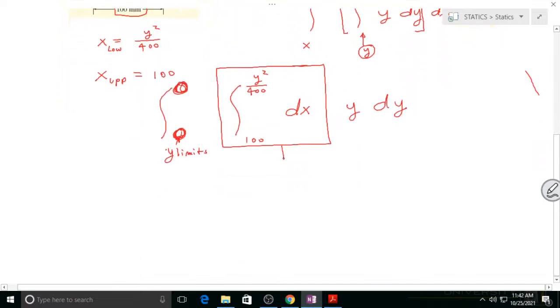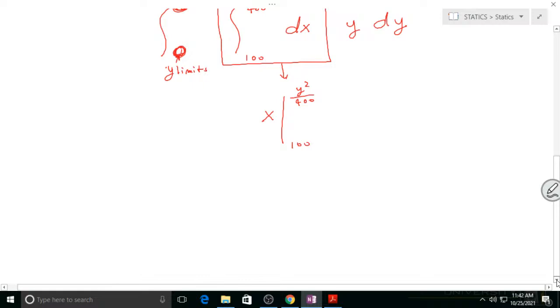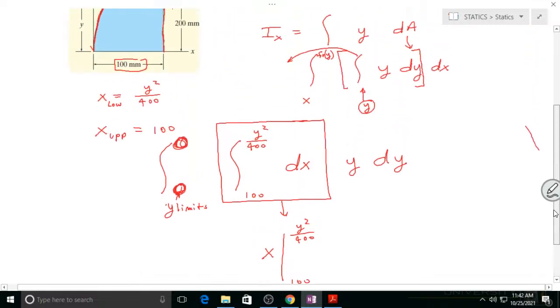So in fact, you look at this, there's nothing more that comes out of here except the integral from 1 to y squared over 400. Actually, the upper limit, I've got those backwards.